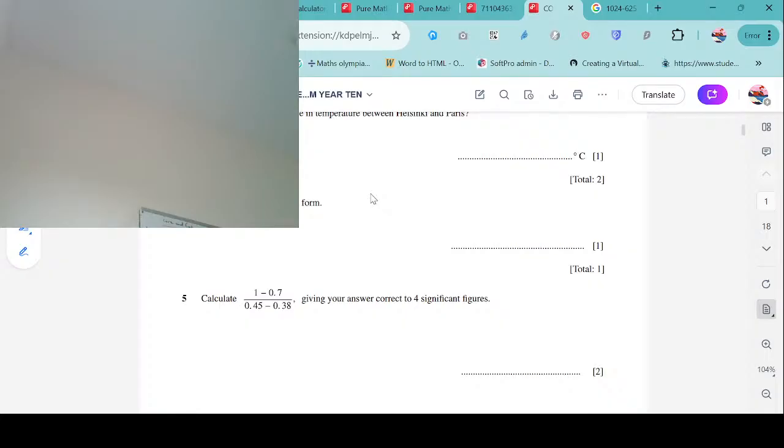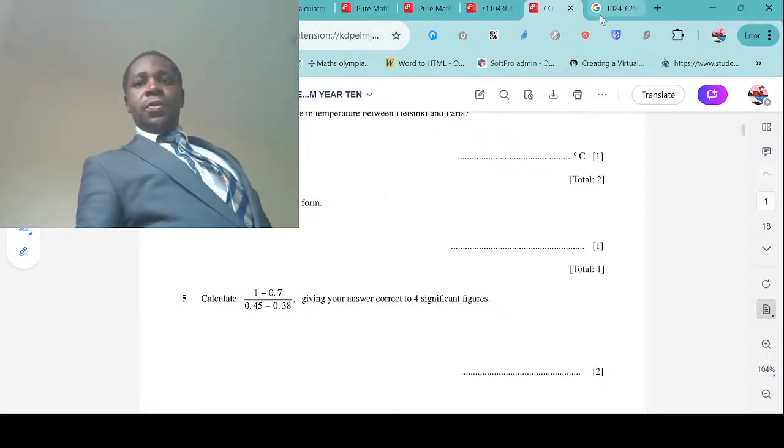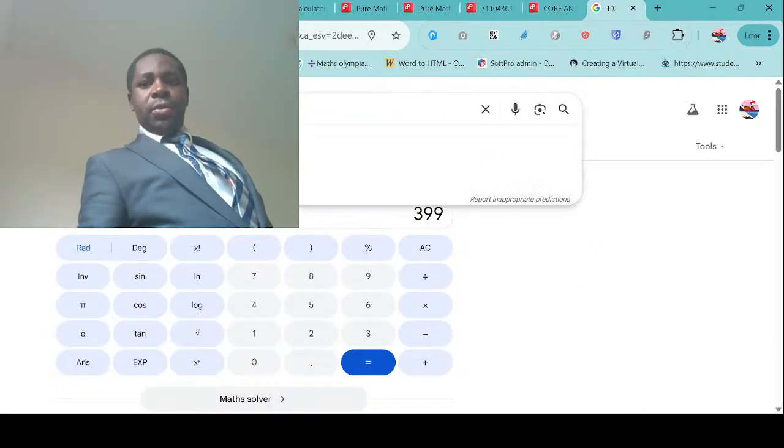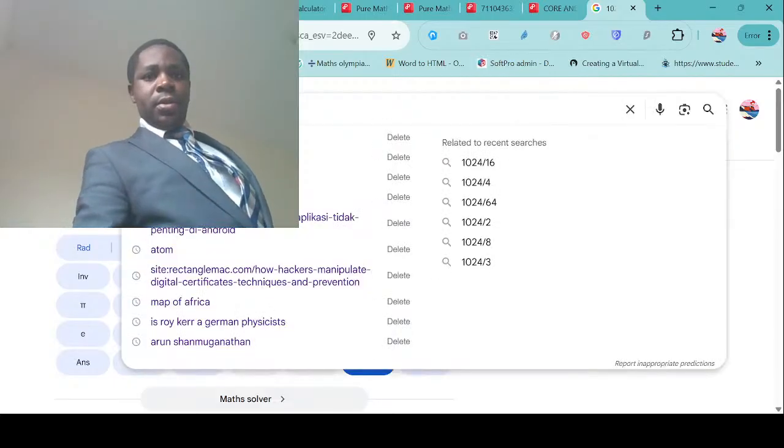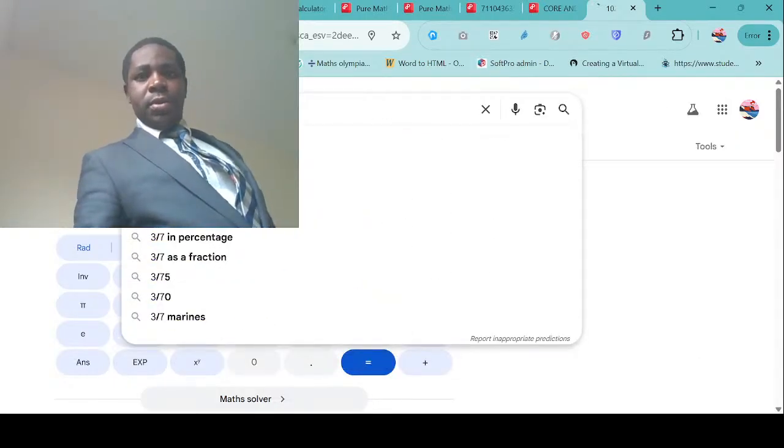I can shift my decimal so both of them are on the same decimal place. Let me just use the calculator to finish that up.